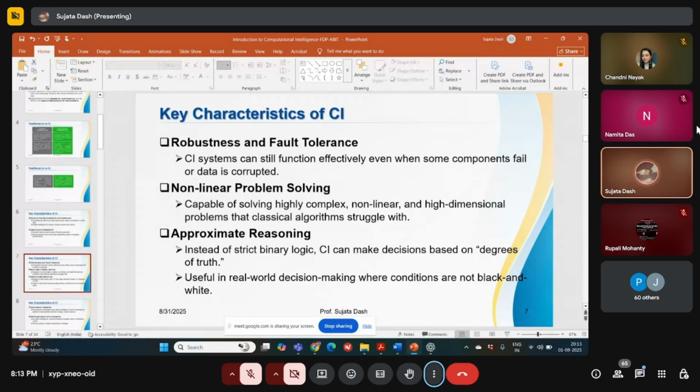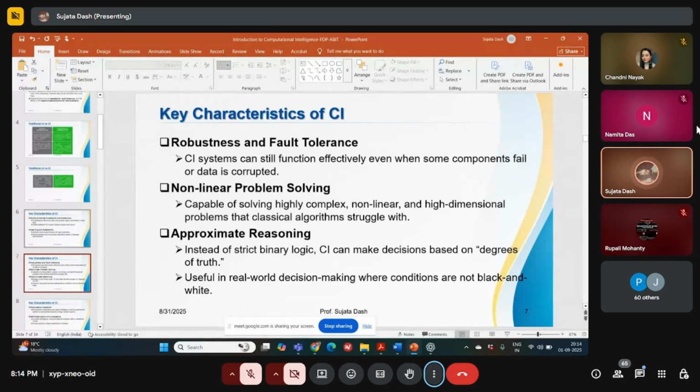In real life, data may be noisy. You can find some incomplete data or even corrupted data. Traditional AI cannot deal with this kind of data, but CI techniques like neural networks or fuzzy systems are designed to be fault tolerant. For example, a face recognition system using CI can still identify a person even if only part of the face is covered.